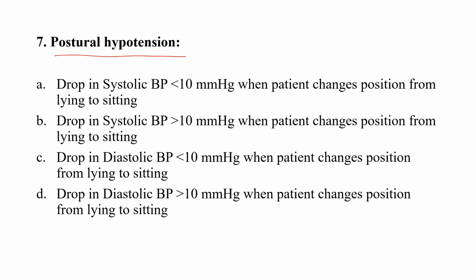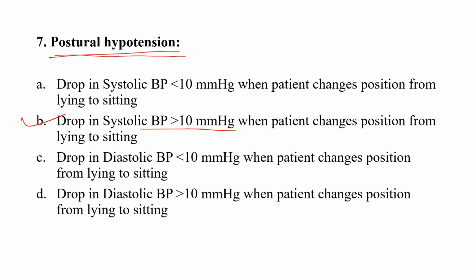Option D, drop in diastolic BP of more than 10 mm of mercury when a patient changes position from lying to sitting. The correct option here is option B, that is, the patient will have postural hypotension when the systolic BP drops more than 10 mm of mercury when the patient changes position from lying to sitting.